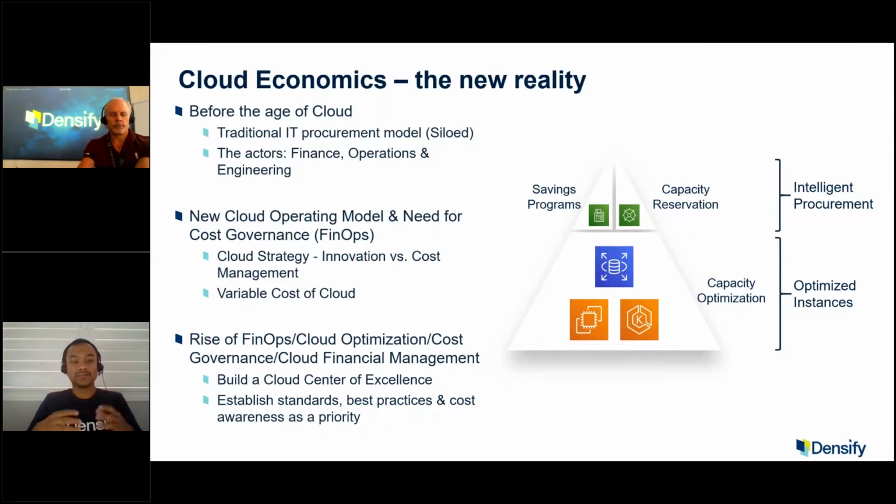We're telling them about this concept of a cloud center of excellence. That's a great concept in the industry, where you bring together a cross-functional team of experts. You bring in your finance team, your IT team, your engineers, your operations team, and they all sit together at the table and say, how can we execute upon our cloud strategy to get to the end goal overall?